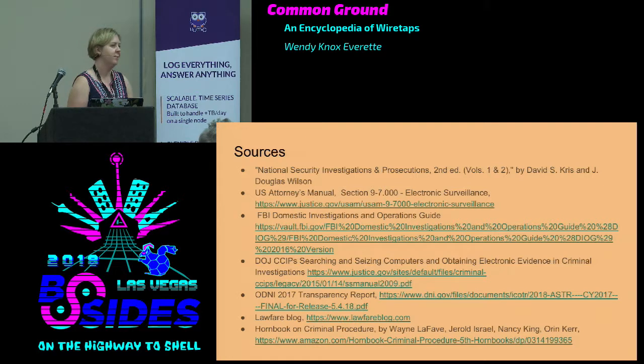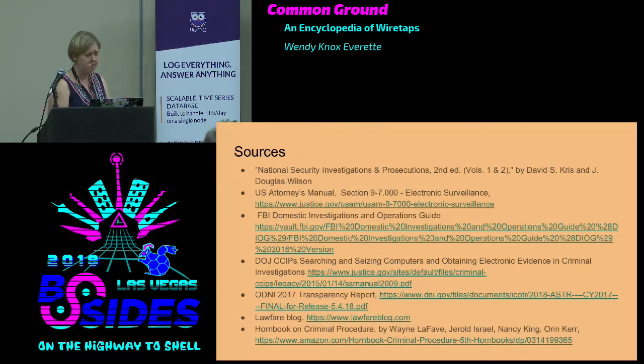So these are my sources. There is a lot of very boring government manuals up here. I will definitely tweet out my slide deck if you don't want to try to take pictures of super long URLs. Lawfare blog in there is a very conservative blog, but they have people who really know what they're talking about, and so I find it a somewhat interesting read.